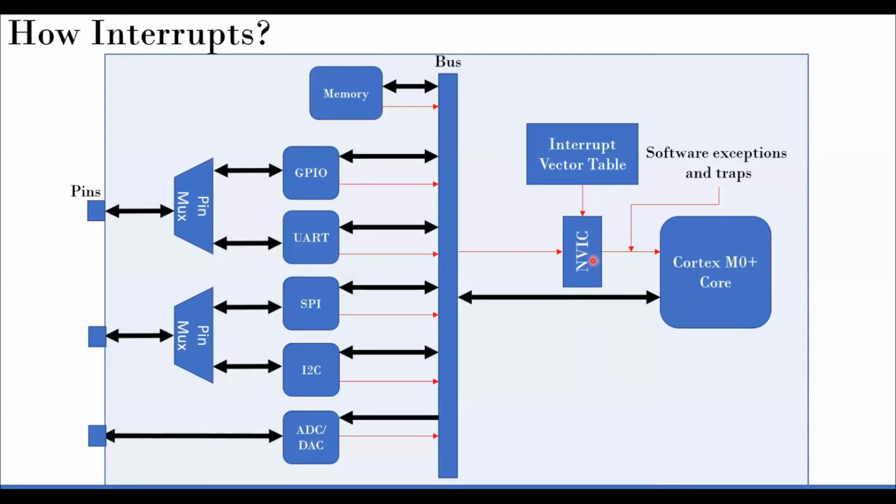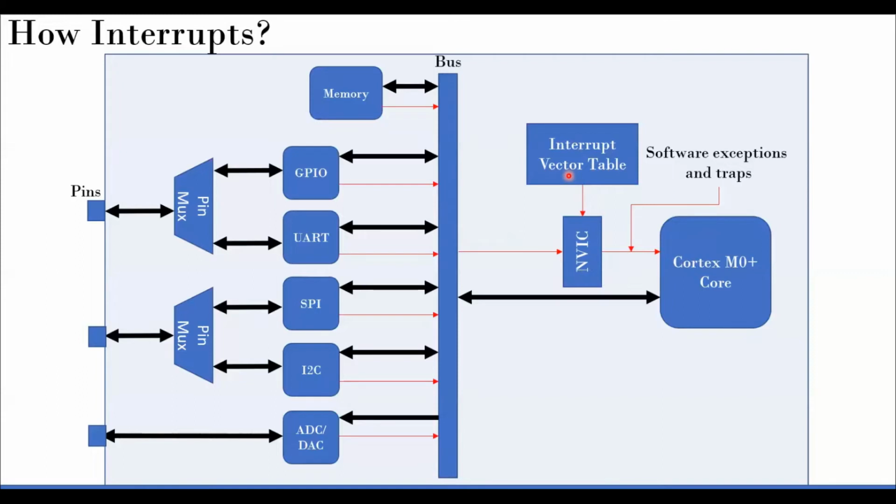This is a digital logic circuit, which has many registers and many control circuits inside. It takes the input from the bus, which are basically the interrupt requests, and then prioritizes them and gives the output to the CPU so that you are relieved from all these trivial tasks. And it works on the basis of an interrupt vector table. That's a prioritization table, which holds the addresses of the subroutines for each of the interrupt service routines.